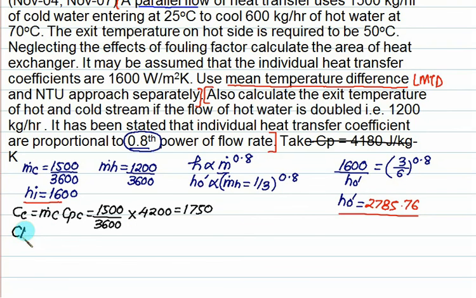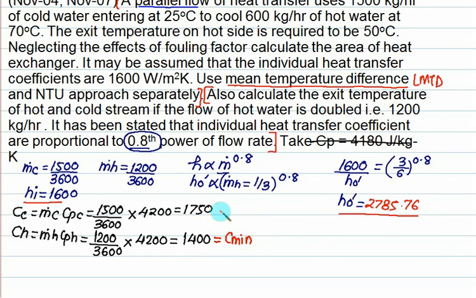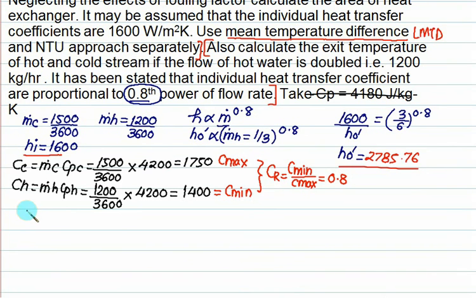CH is m dot H into CPH, which is 1400, and the maximum is 1750, so C by C max is 0.8. Now we want to calculate the overall heat transfer coefficient for this modified value: 1 upon HI plus 1 upon HO, that is, 1 upon 1600 plus 1 upon 2785. So we have U0 equals this.